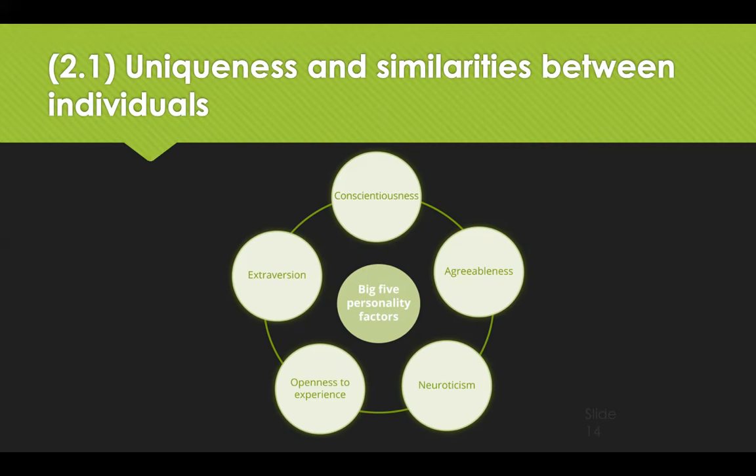The agreeableness is friendly versus hostile. So you could get compassion, cooperation, or suspicion and antagonism. Neuroticism is nervous versus stable. So here you might see confidence, anger, anxiety, vulnerability and security.